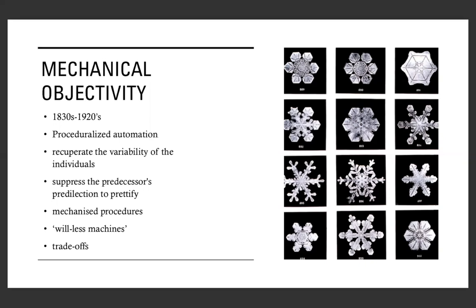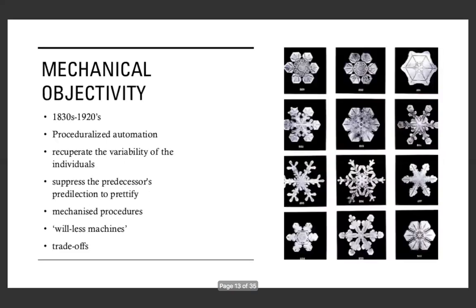Obviously, whilst this was an interesting attempt to represent nature in all its splendor, and to represent it truthfully, there were big trade-offs, because you can't recuperate color with color, for example, or depth of field with a lot of mechanized procedures. So there was still a lot of room for human intervention and selection and idealization too.